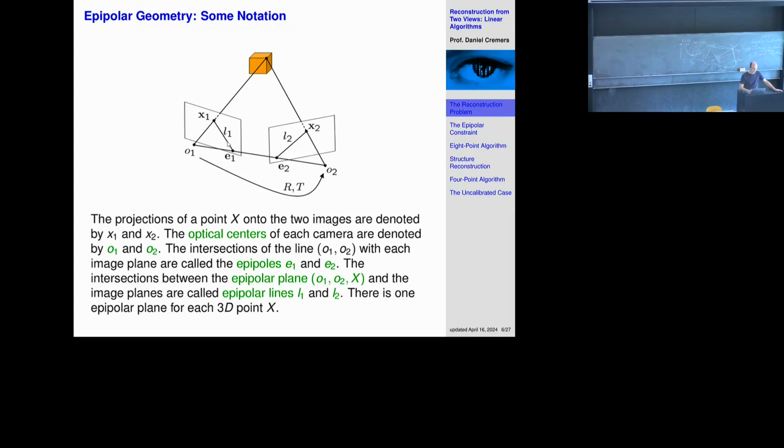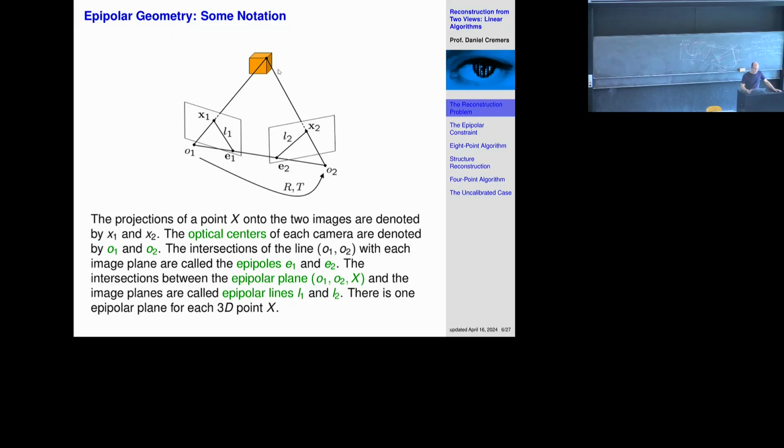You don't know how far along it is. It could be here, here, here, but all of these projections would fall on the epipolar line. Which means if you're searching for the corresponding partner, for example for x2, then you only need to search along an epipolar line, because depending on where it is in 3D space, it will be on one of these locations along this epipolar line.